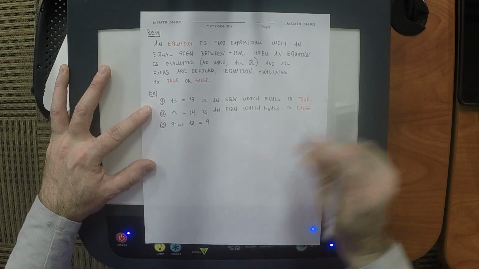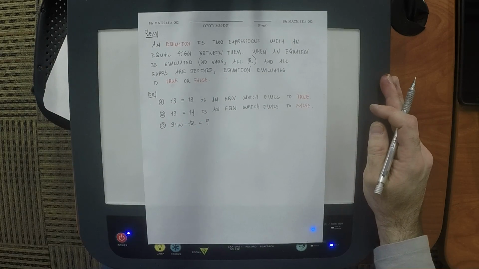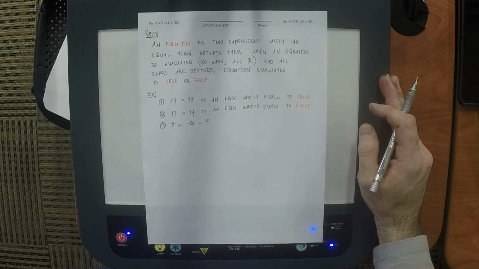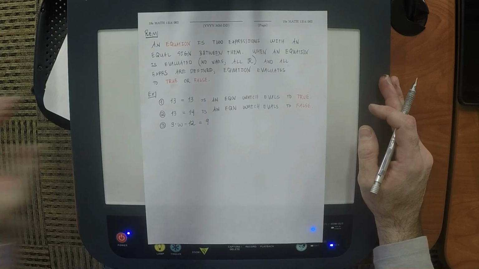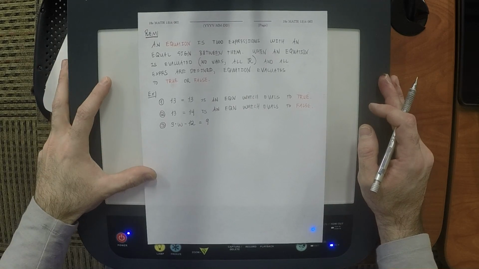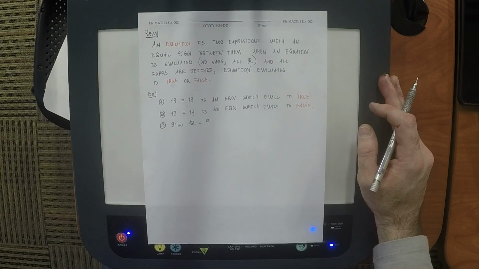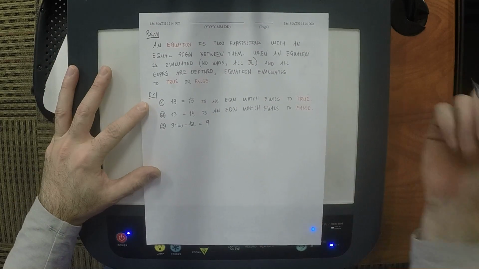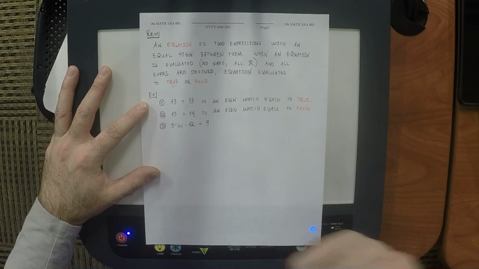Then I wrote this equation down and asked, is this equation true or false? And then what's the correct response? Well, in a sense, it depends on what W you plug in, right? So the question itself is wrong. For me to write this equation and ask if this equation is true or false, that question is wrong.